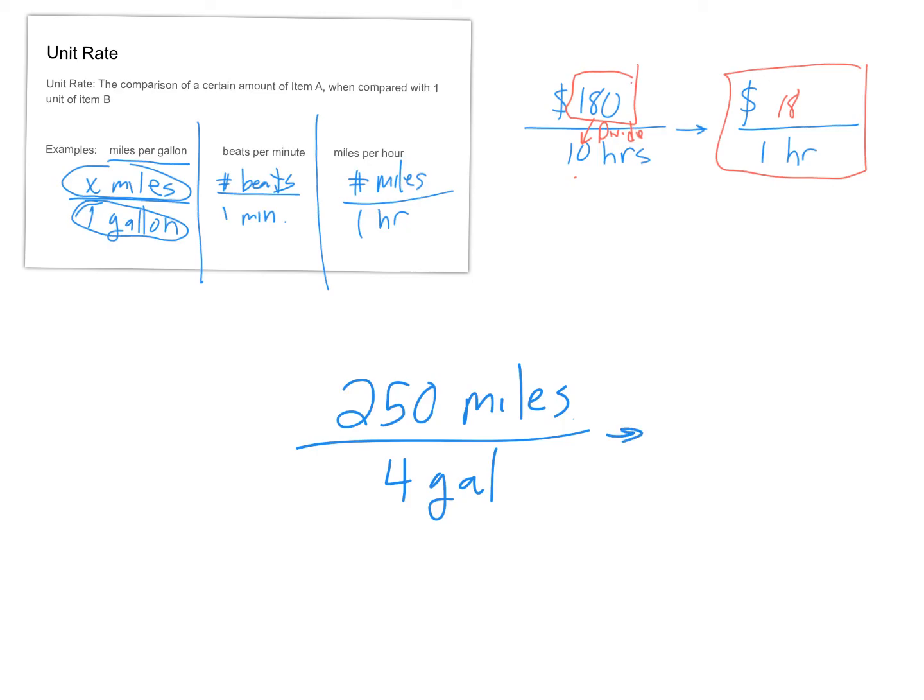So what we're going to do to calculate the number of miles you can travel on 1 gallon of fuel is divide 250 by 4. When I do that, you're going to get a decimal, and that's okay. We'll round it to 2 places. So 250 divided by 4, you get 62.5 miles for every gallon.